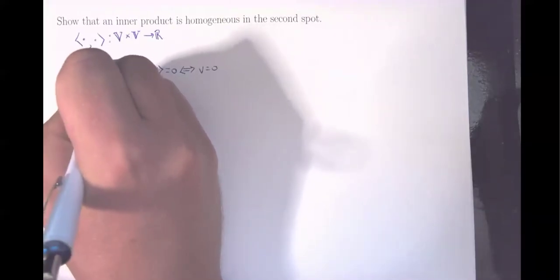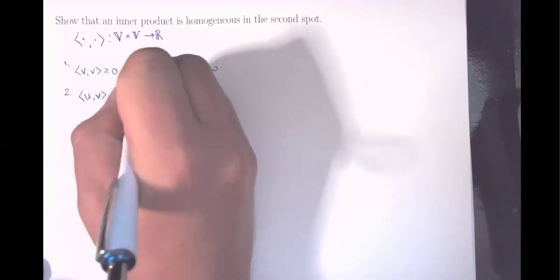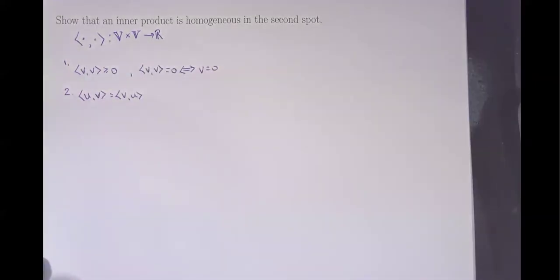Okay, property number 2 that the inner product has. The inner product satisfies the inner product of U, V is equal to the inner product of V, U. Now, of course, if we're talking about complex numbers, then this is the conjugate here.